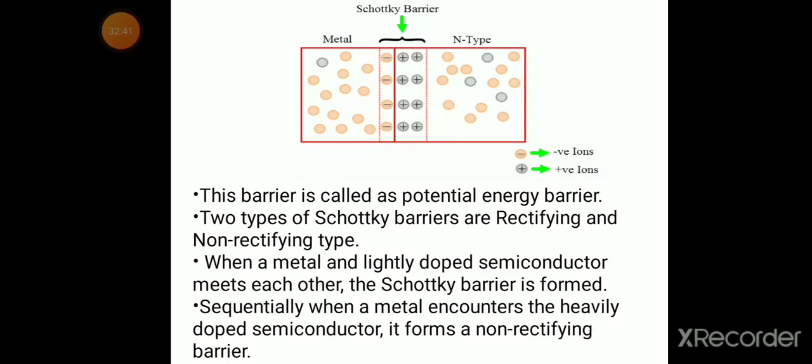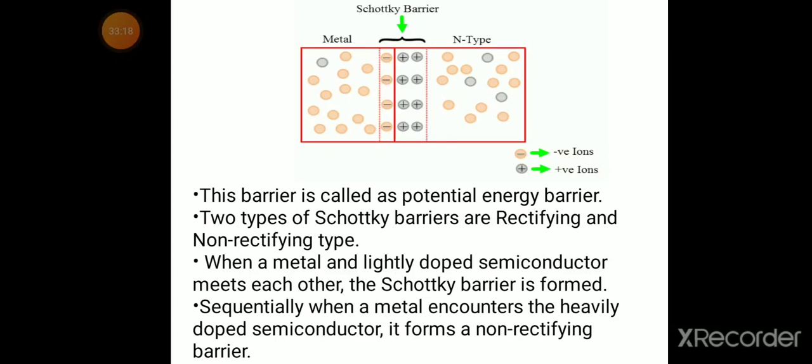Two types of Schottky barriers are rectifying and non-rectifying type. When a metal and a lightly doped semiconductor meet each other, the Schottky barrier is formed.